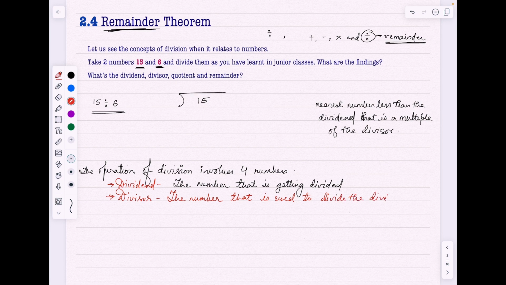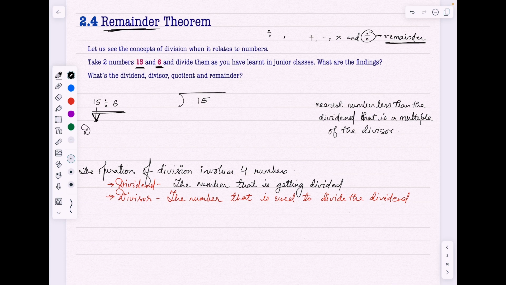In the question itself, they have given you the dividend and the divisor. The dividend is the number that is getting divided. Here, 15 is getting divided. We say 15 divided by 6, that means 15 is getting divided by 6.